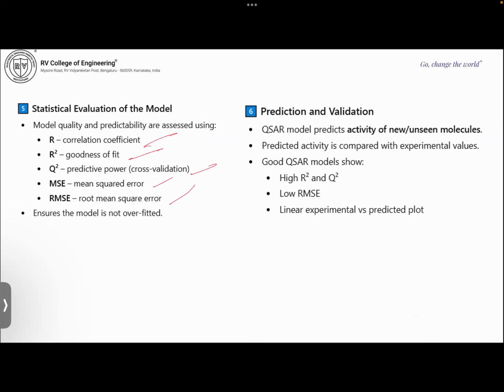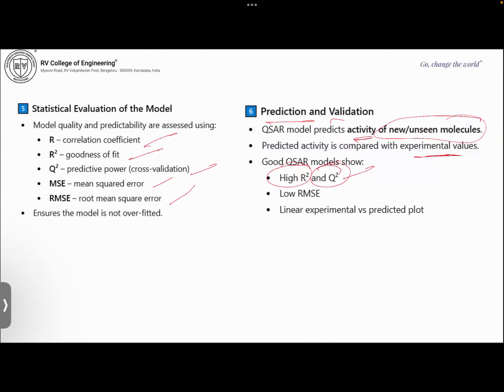Then the sixth stage is prediction and validation. The QSAR model predicts the activity of new or unseen molecules. Predicted activity is compared with the experimental values. A good QSAR model shows high R square, the goodness of fit, and high Q square, the predictive power.